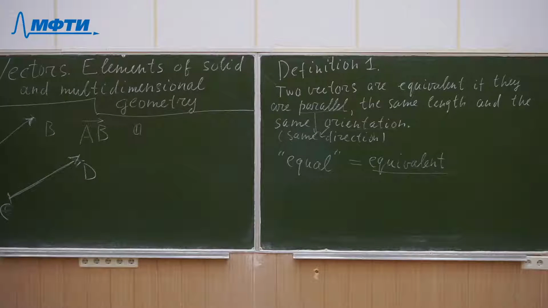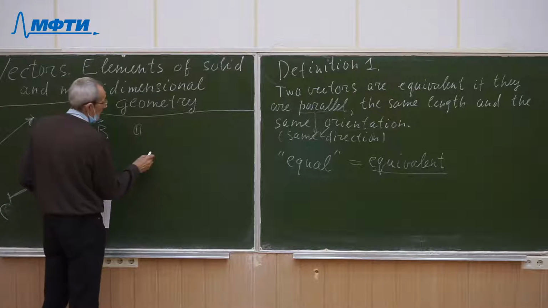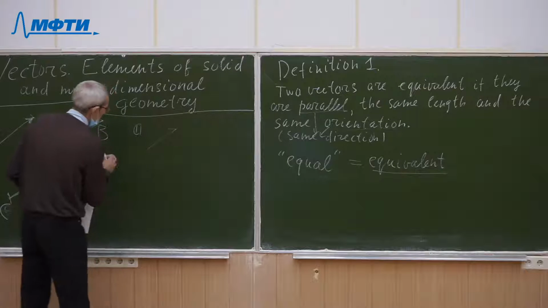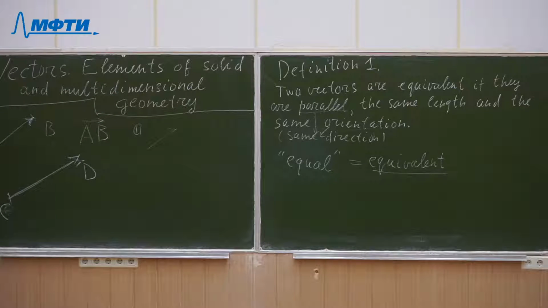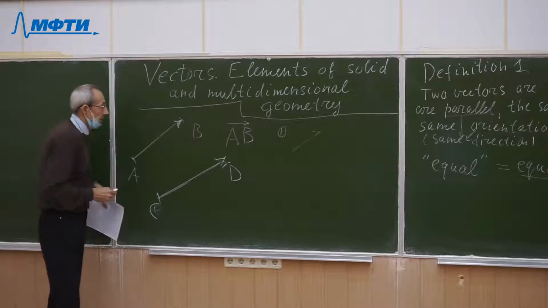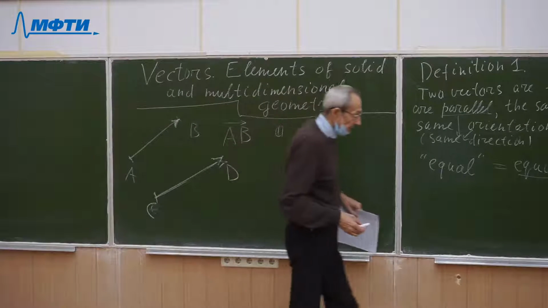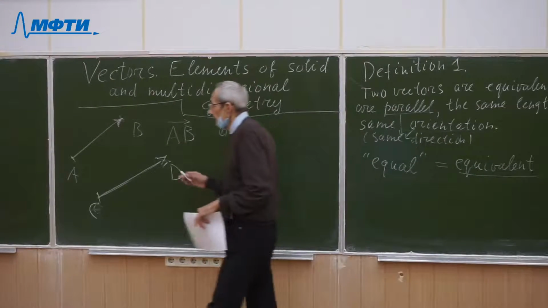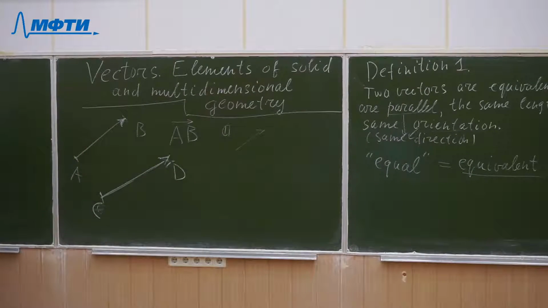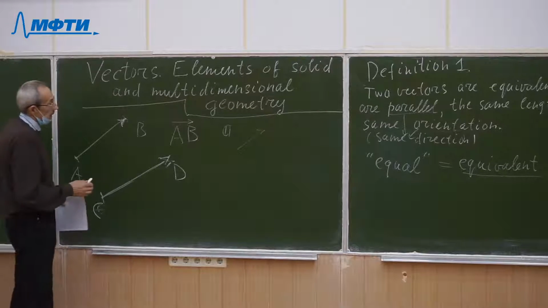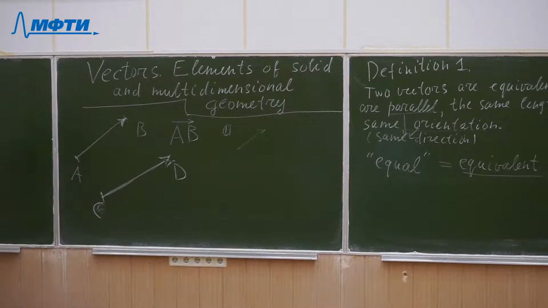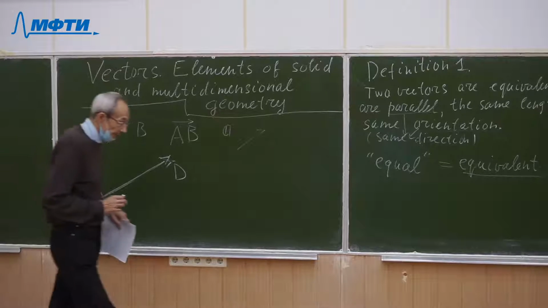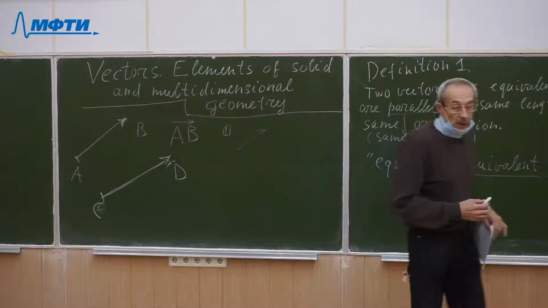We can imagine that at arbitrary points of the space there exists a vector which is equivalent to the initial vector AB, and we can imagine this set of all vectors defines some motion in the space, a transition.